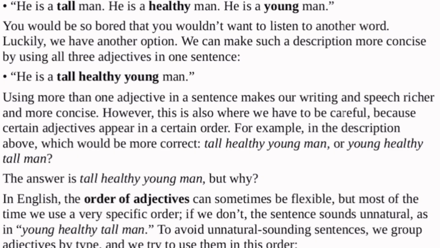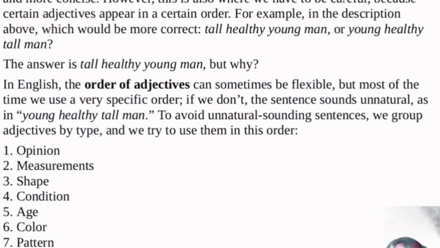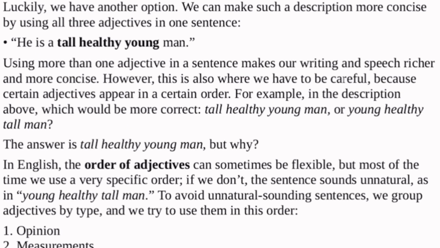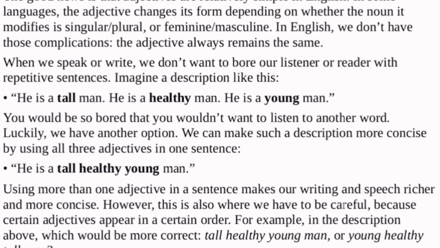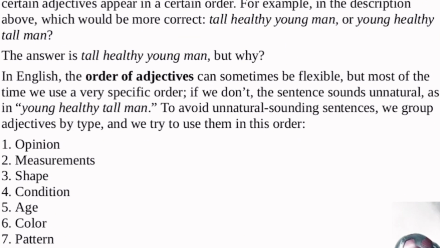But we didn't just arrive at this sentence haphazardly. There is a rule to it, and that is what is called order of adjectives. Order of adjective can sometimes be flexible, but most times we use a very specific order. If we don't, the sentence sounds unnatural, as in young, healthy, tall man. So please take note of this arrangement.